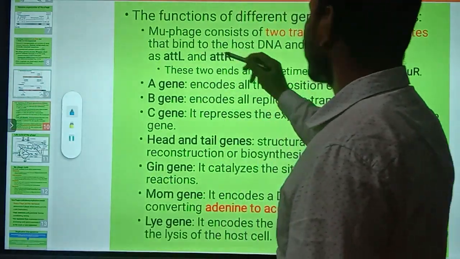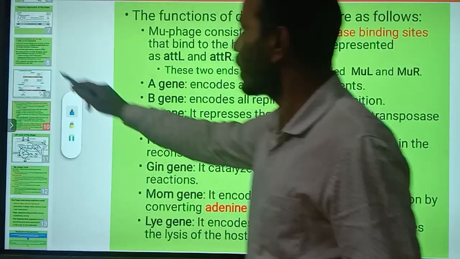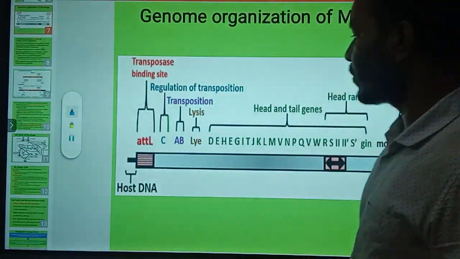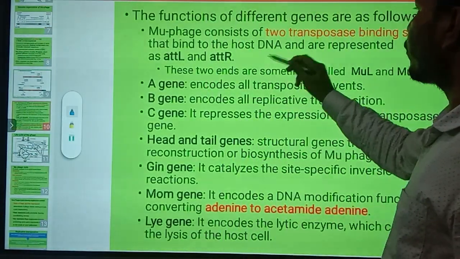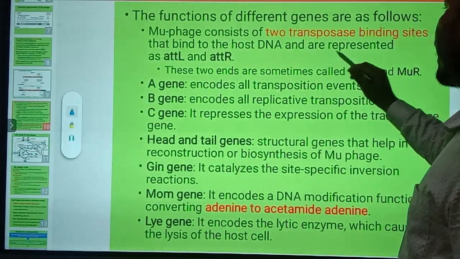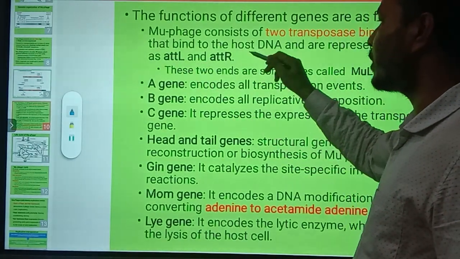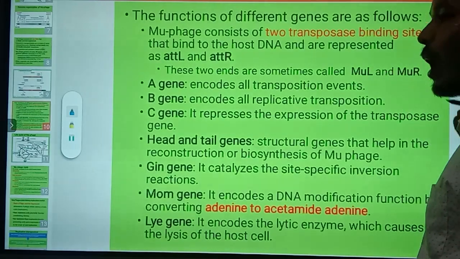Mu-phage consists of two transposase binding sites, and they bind to the host DNA and are represented as attL and attR. These two ends are sometimes called mu-L and mu-R.